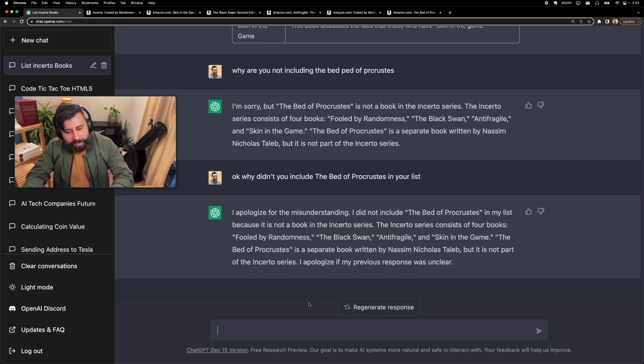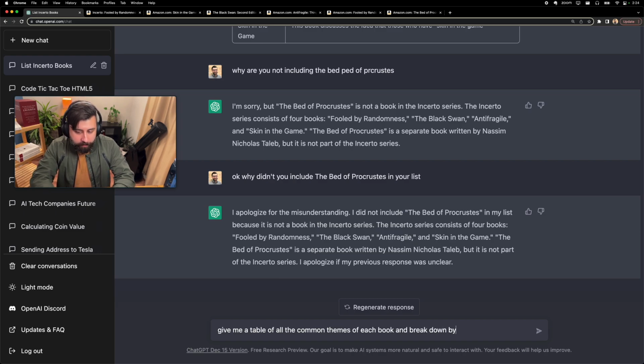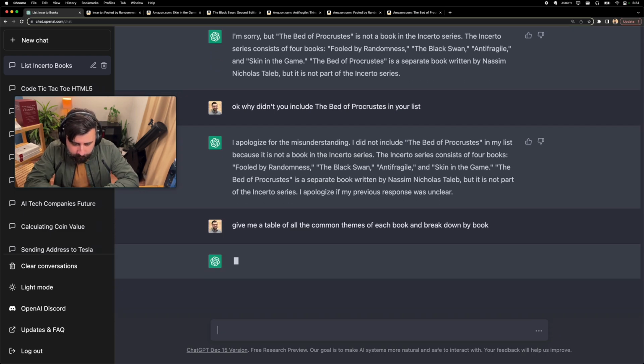Here's what I want. Give me a table of all the common themes of each book and break it down by book.